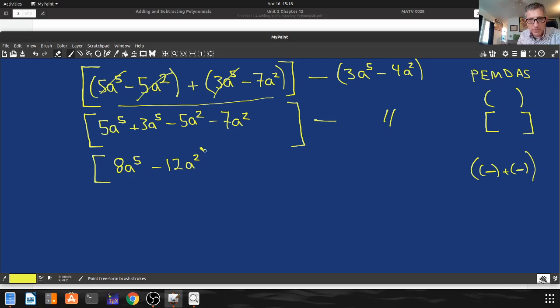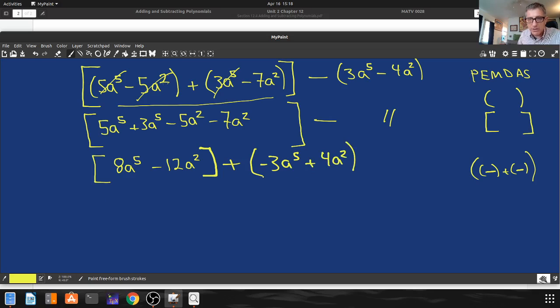I'm far more used to writing parentheses than brackets, but that's okay. And then I'm going to subtract this. So I'm back up to here. So I'm going to change the minus to a plus, and then change the sign of each of the terms in the parentheses on the top line.